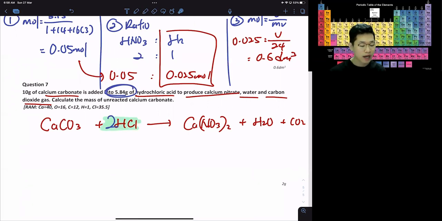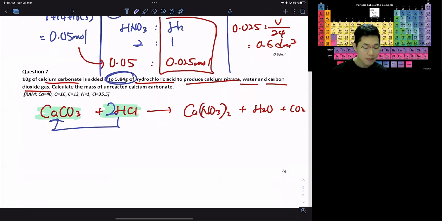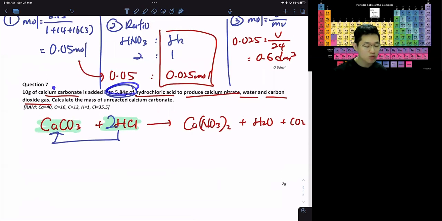They also gave calcium carbonate, but lastly they want you to find the mass of unreacted calcium carbonate. I will teach you how to do this later. Since they gave me two numbers and the final value I have to find is calcium carbonate, I will leave it as the final unknown.